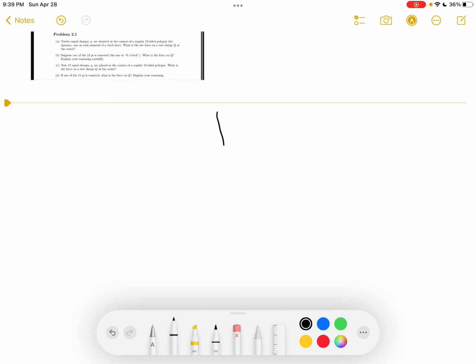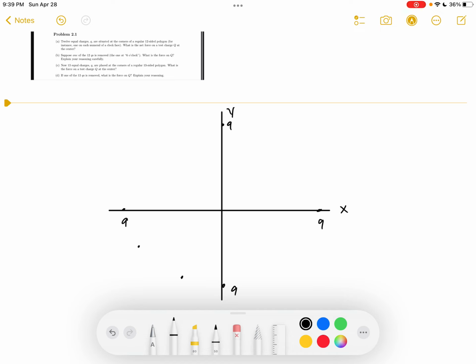If we have a y-axis, our x-axis, we have a charge Q at every axis, and then 2 in the middle between each one.